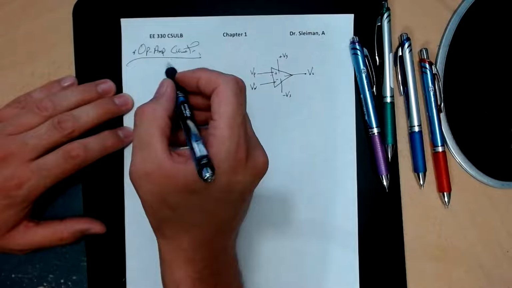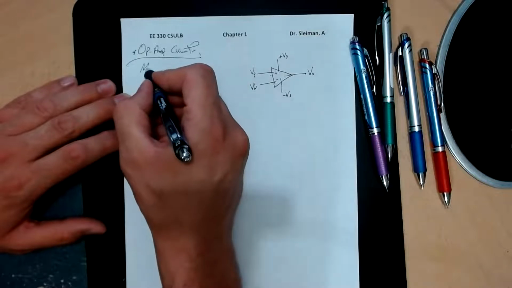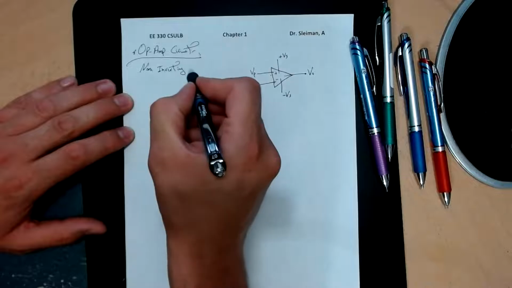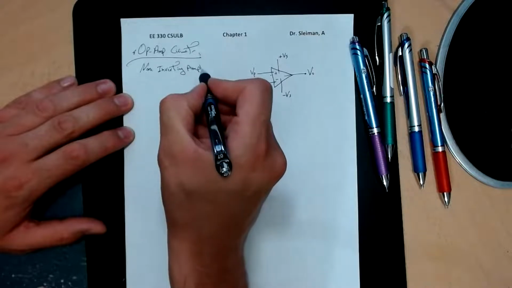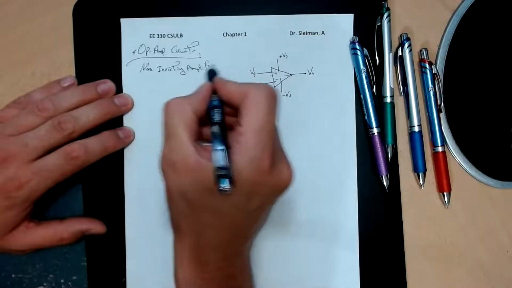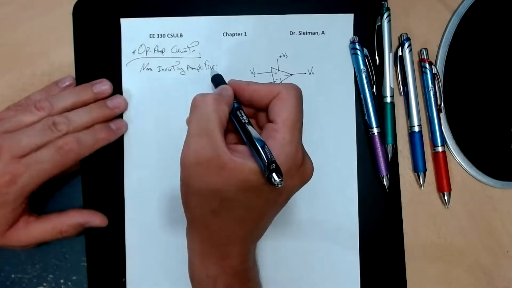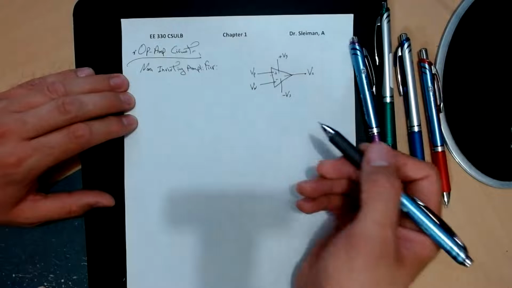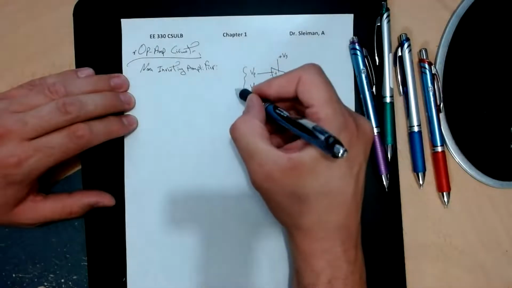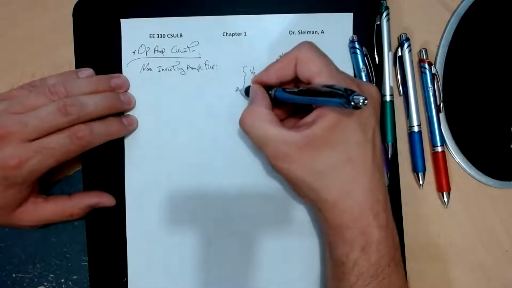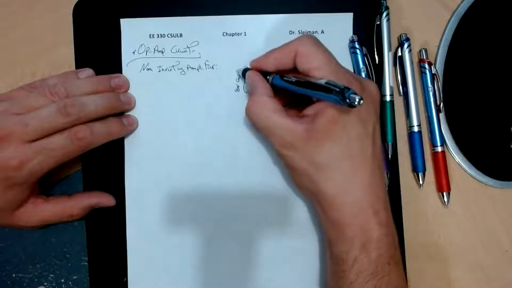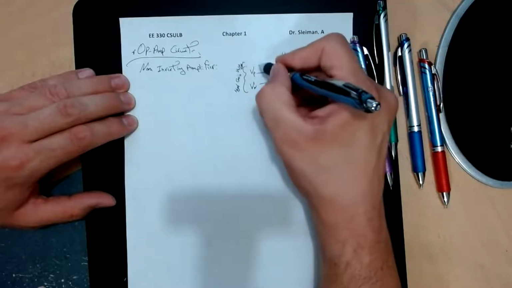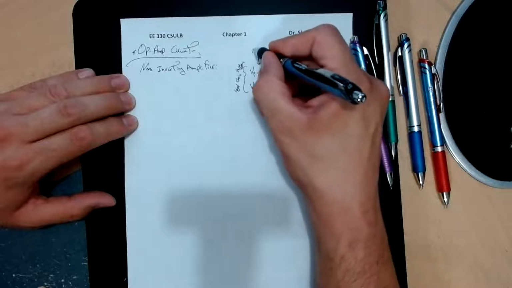So for a non-inverting amplifier, this is a high gain voltage, and for a setup like this, we're talking about non-inverting.